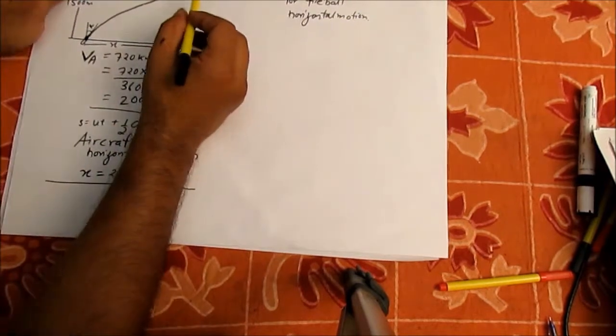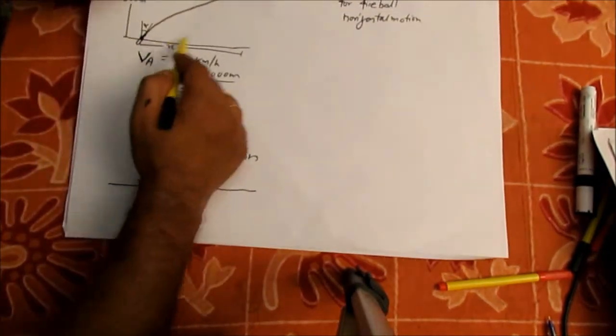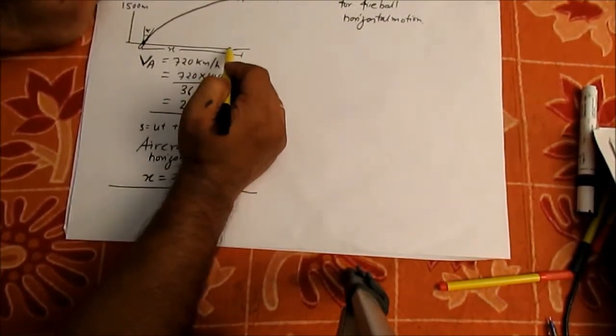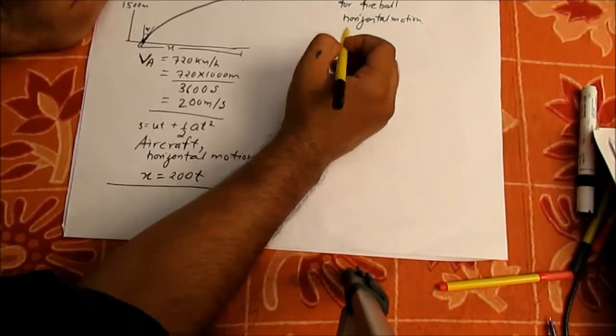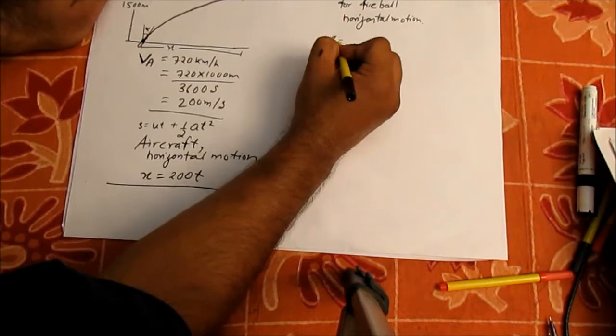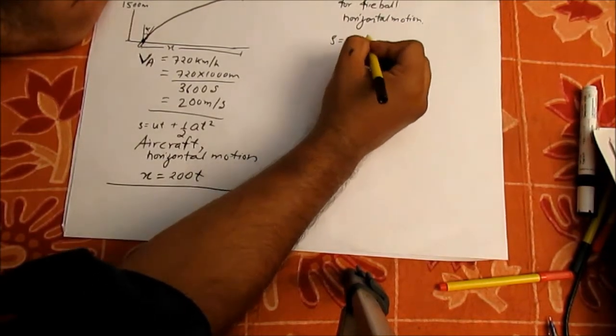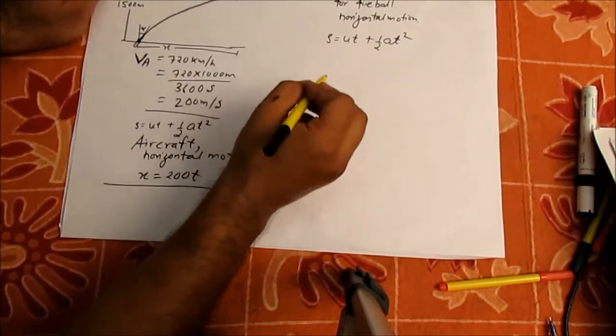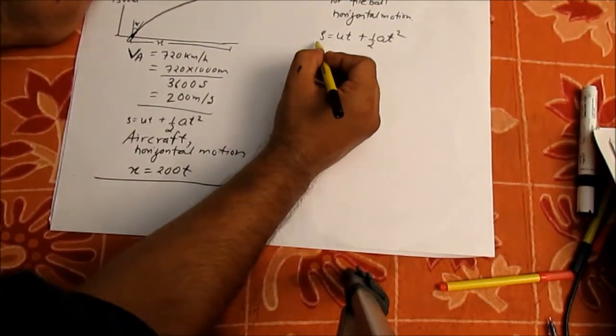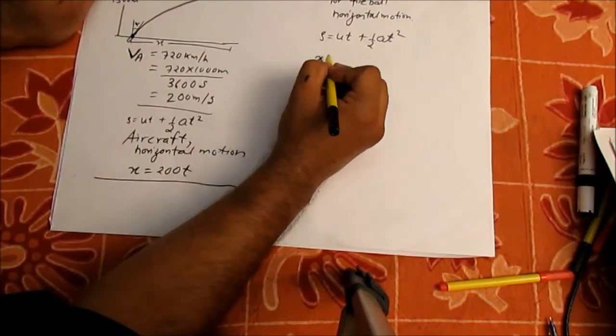As they are colliding, the x will be the same. We apply the equation S is equal to ut plus half at square again. The value of S is x.